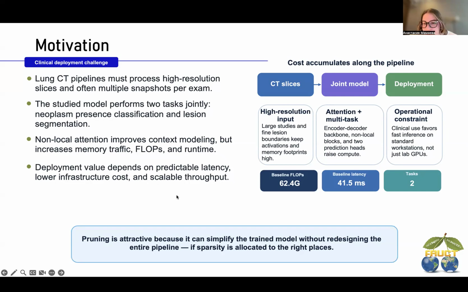In practical deployment, hospitals and clinical centers may not always have access to high-end hardware, and fast inference is important for screening, triage, and decision support. That is why model efficiency matters. In this work, we study pruning as a way to reduce computation, memory use, and latency without losing clinically meaningful quality.